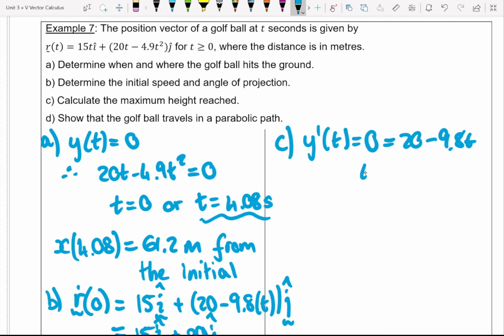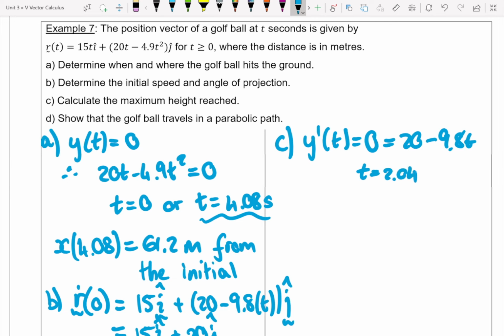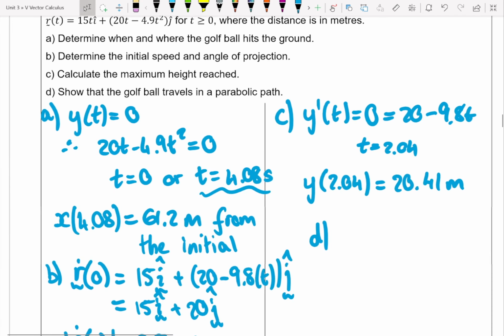So this is going to give a value of t is equal to 2.04. So the maximum height reached is going to be y of 2.04, which is equal to, if you substitute it in and check, 20.41 meters high.